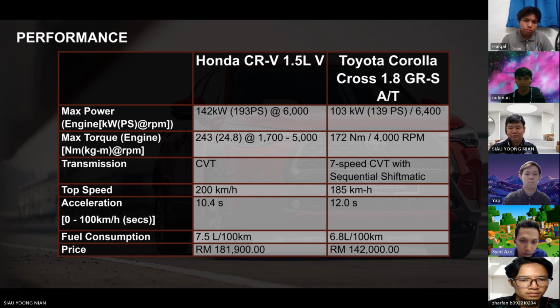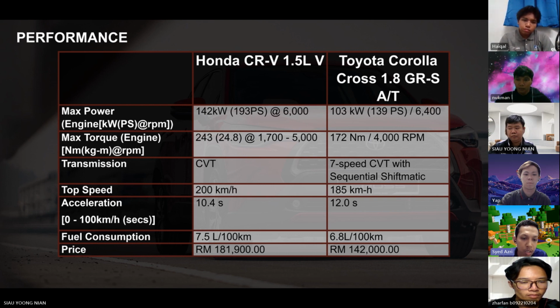For the top speed, the Honda CR-V has a top speed of 200 km per hour, and the Toyota Corolla Cross has a maximum top speed of 185 km per hour. The Honda CR-V can accelerate from 0 to 100 km/h in 10.4 seconds, while the Toyota Corolla Cross takes 12.0 seconds.